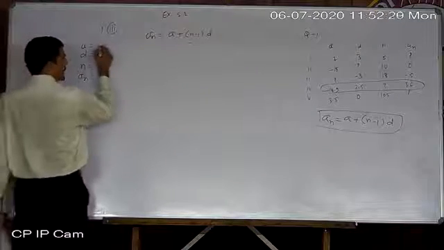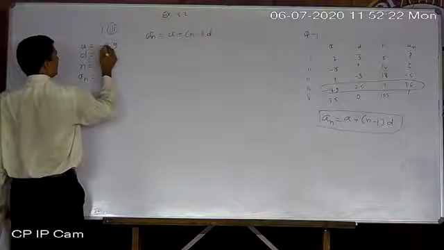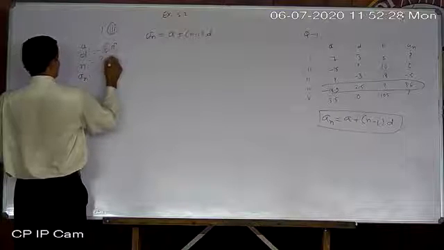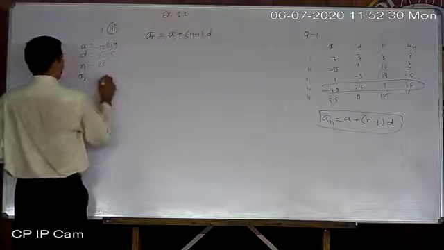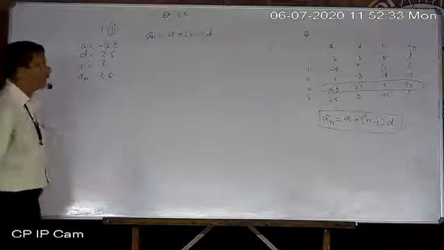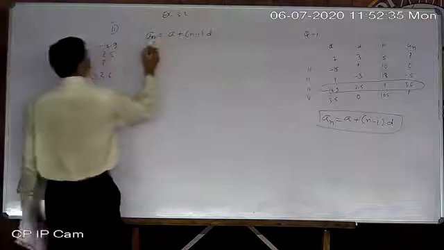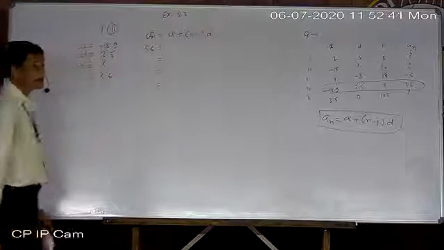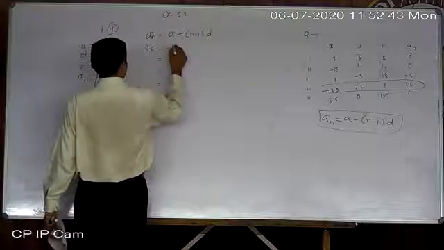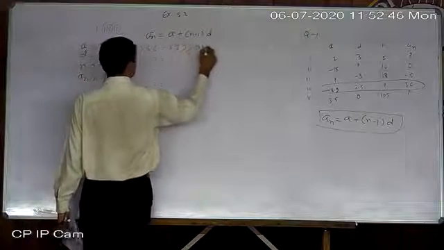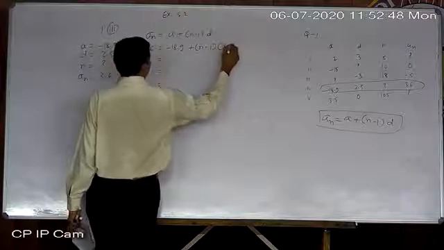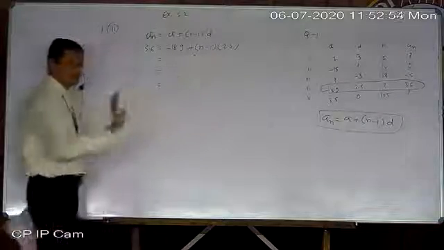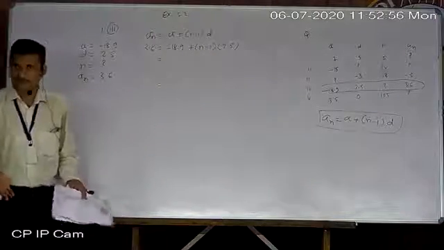So A minus 18.9, D 2.5, N not given, and that is 3.6. Now, place all the values: 3.6, minus 18.9, plus N minus 1, D 2.5. Remember here N is not given, so N minus 1 stays as N minus 1 only, unlike the others.